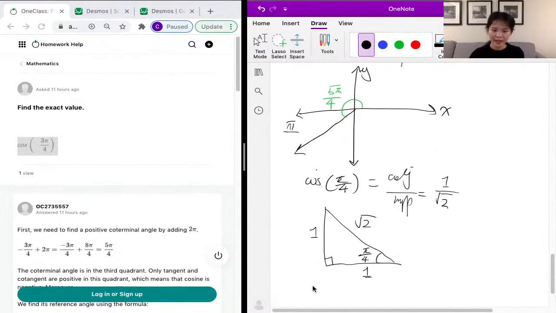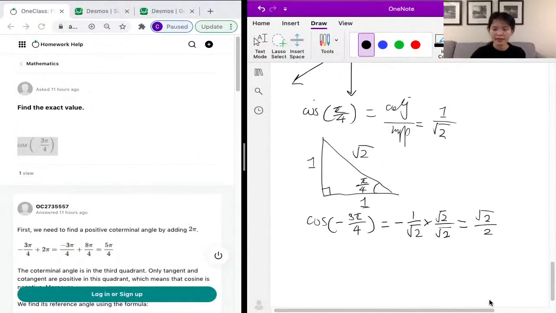However, we're actually asked about cosine of negative 3 pi over 4, which is coterminal to 5 pi over 4, which is negative. So we have negative 1 over root 2, which has the same value as negative root 2 over 2 if you want to simplify it further.